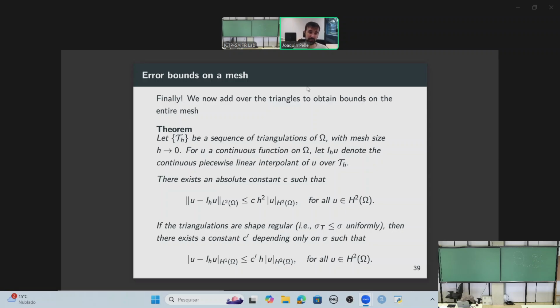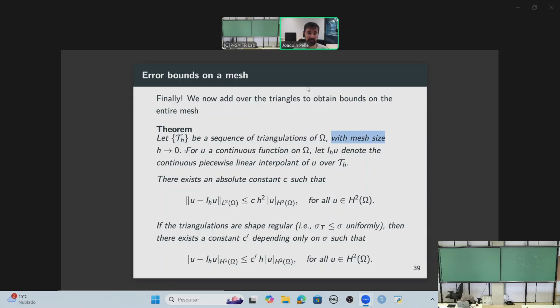So which is the content of this theorem here. Let's say that TH is a certain sequence of triangulations of omega. We want to know how much better the approximation gets as soon as we make the triangulation finer in general.